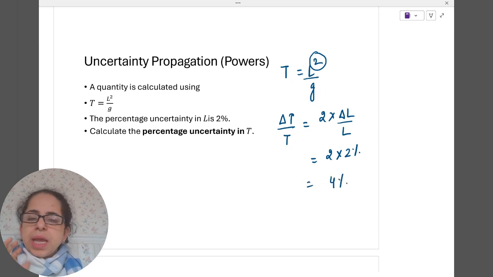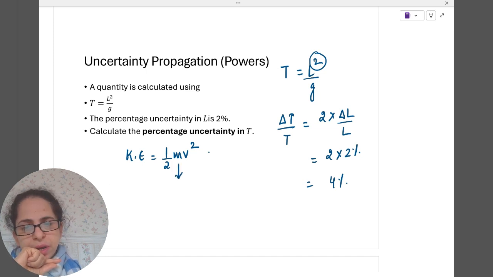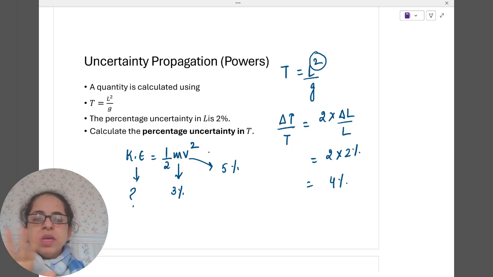Let's try another one. Let's say my kinetic energy is half mv squared. The percentage error in mass is given as 3%, and the percentage error in velocity is, let's say, 5%. Now it's asking what's the percentage uncertainty in kinetic energy. It's simple. This half is nothing. The only error comes from the mass and velocity.